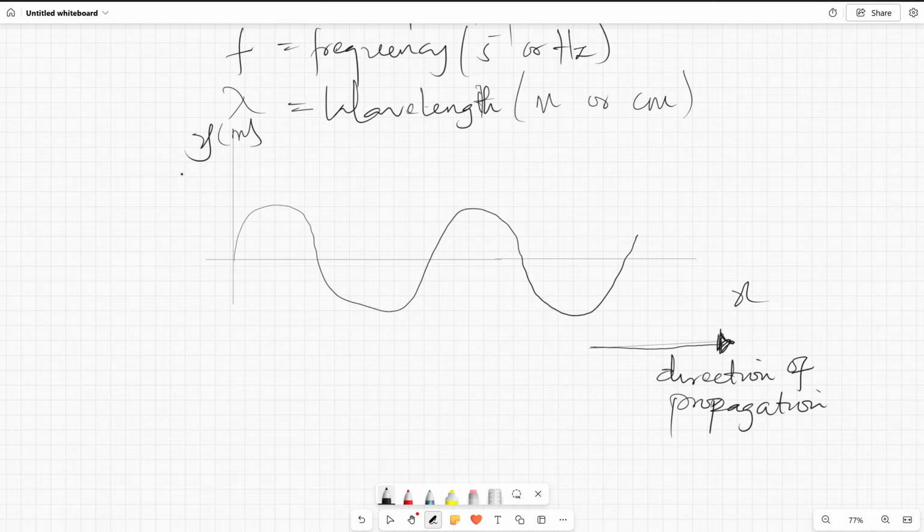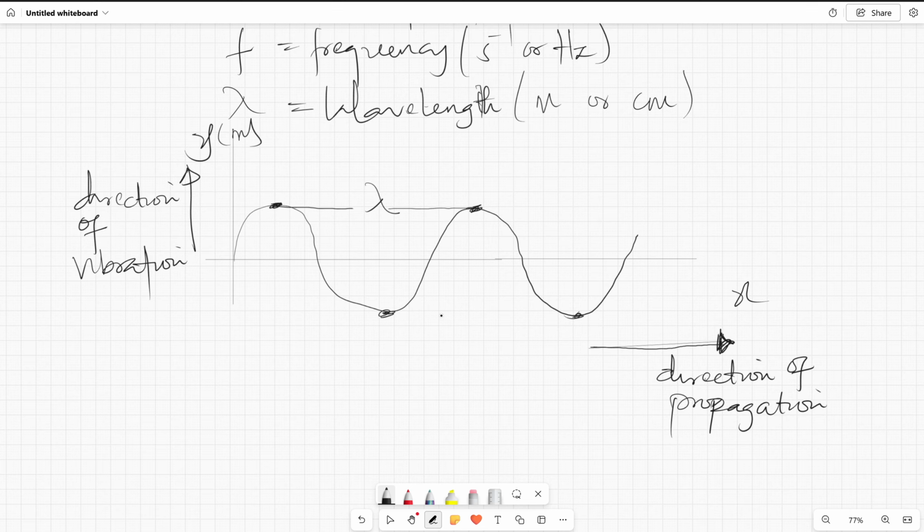Y up there is the direction of vibration. So you know that these are successive crests, these are successive troughs. The distance measured from here down to here is lambda.